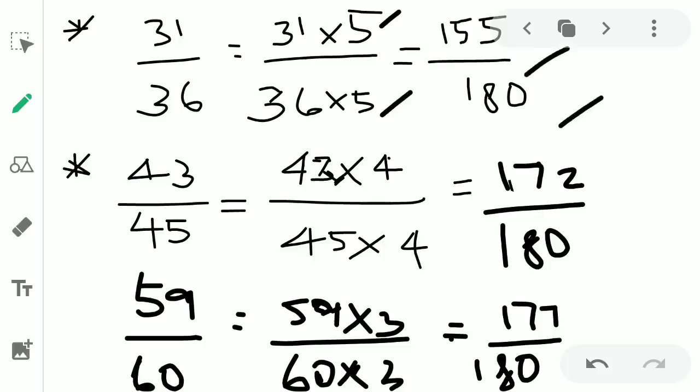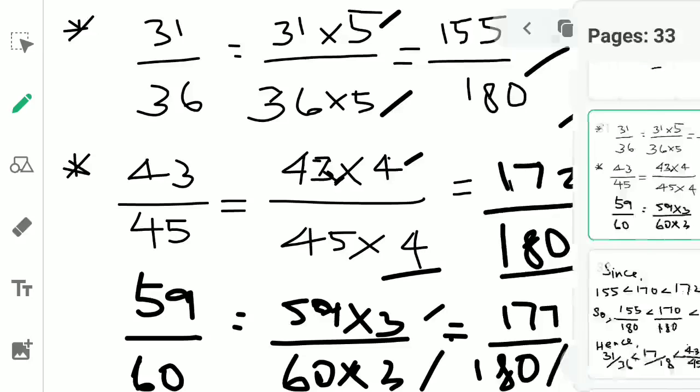Here also comes 4, which we multiply and divide by to get the denominator as 180. Then 59 into 3, 60 into 3; 6 threes are 18, so I am getting the denominator as 180.